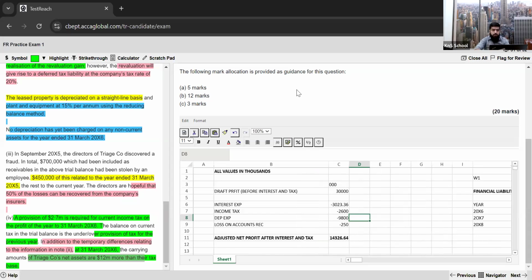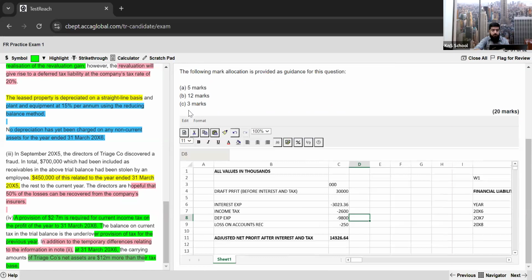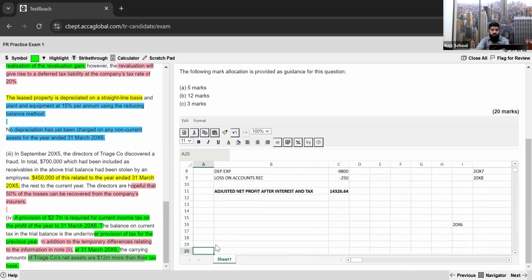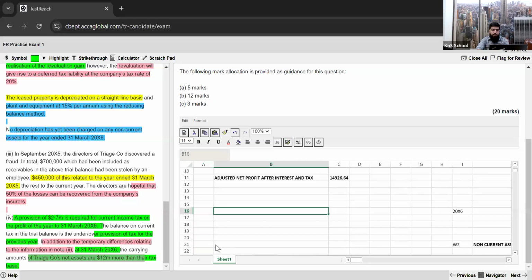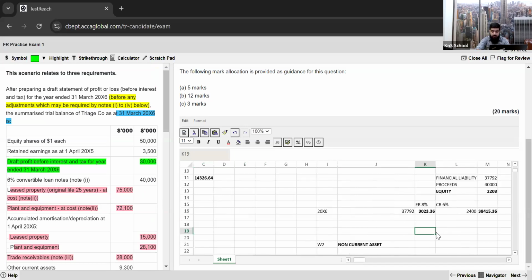Now, this was the first requirement, and the second requirement is that you need to prepare the statement of financial position. Since you have done all the working, the balance sheet would be quite simpler for you. Let's prepare the asset side. First of all, we have the leased property, which is being revalued, and we have already done that.